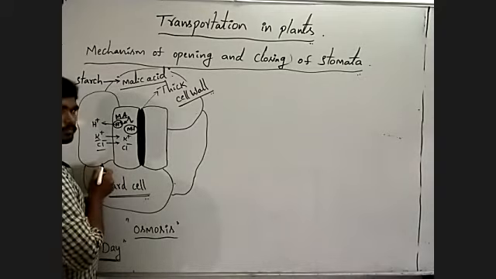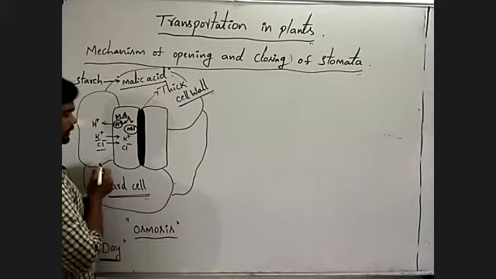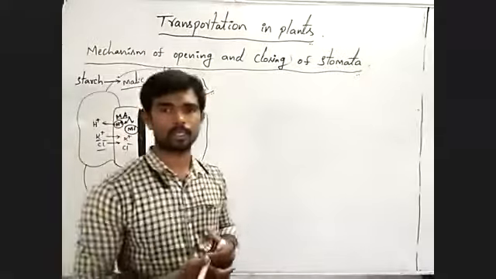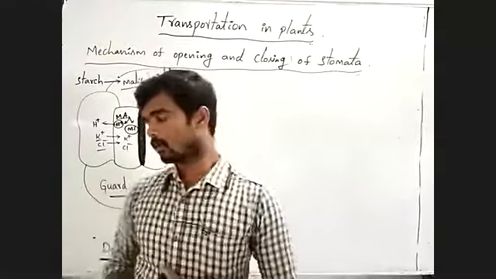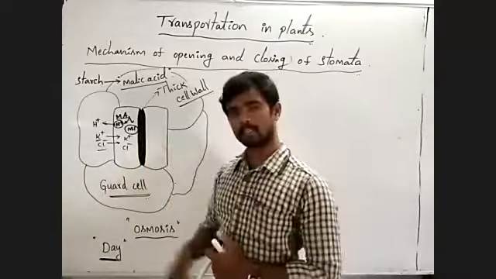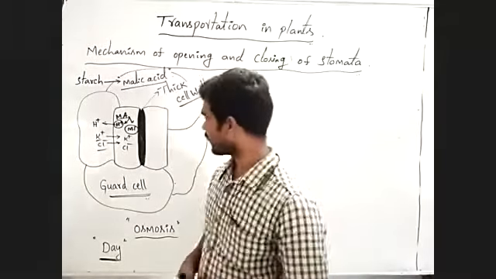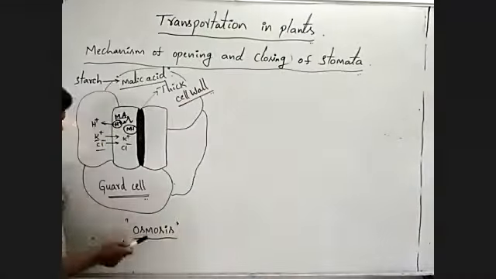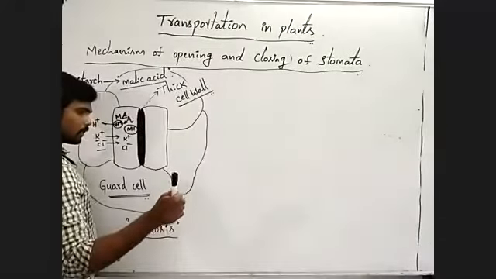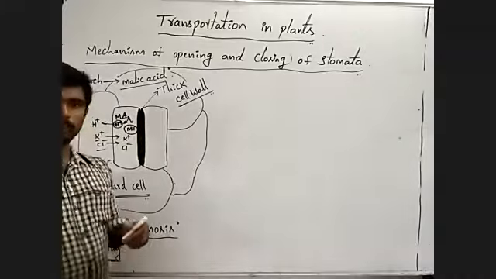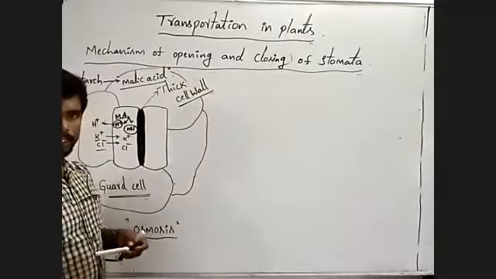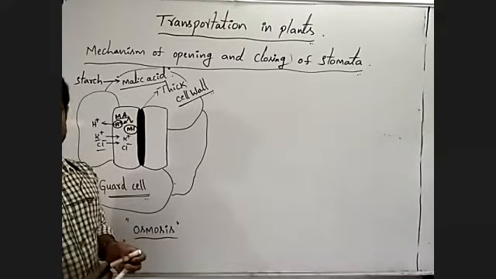Across the concentration gradient, water molecules move from one cell to another cell. Observe here, actually in the osmosis process, water molecules move from the low concentrated region into the high concentrated region.